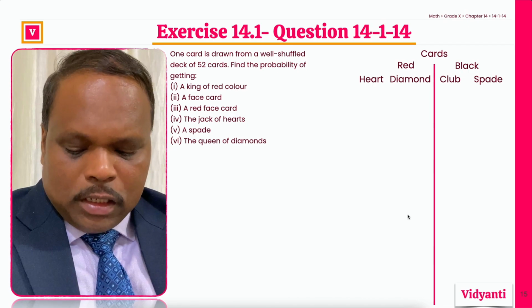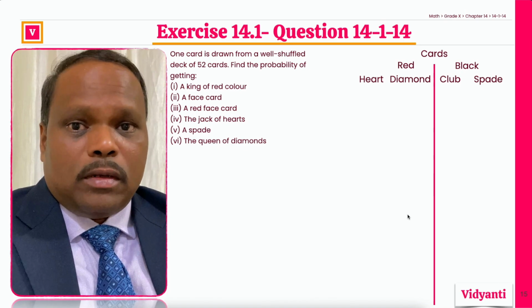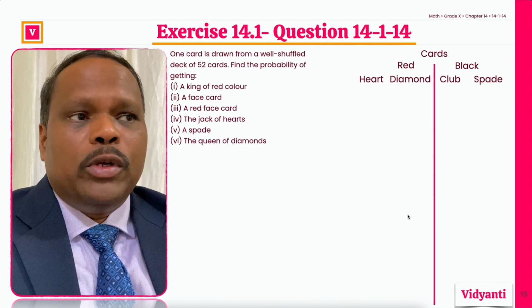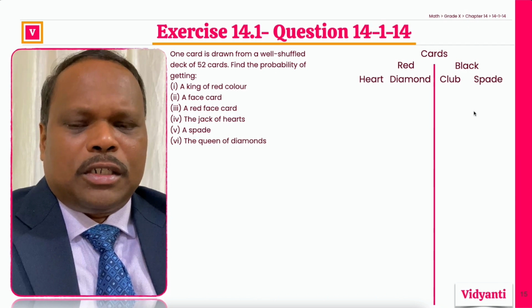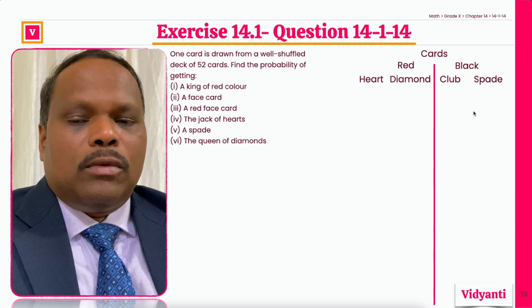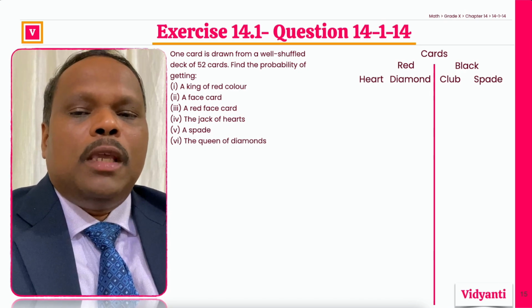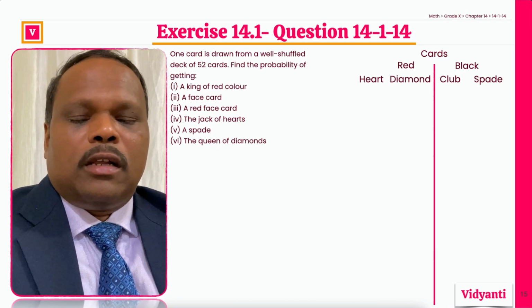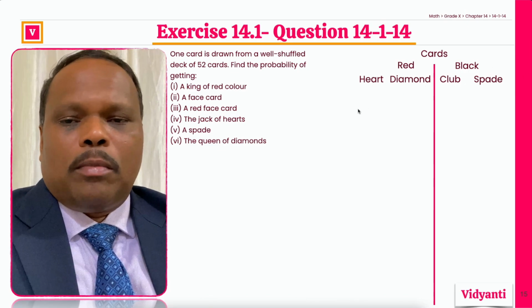Let's see their symbols. That will help you understand, because you might know these things in your local language but not in English. Those whose mother tongue is different from English might be playing cards without knowing the proper terminology.